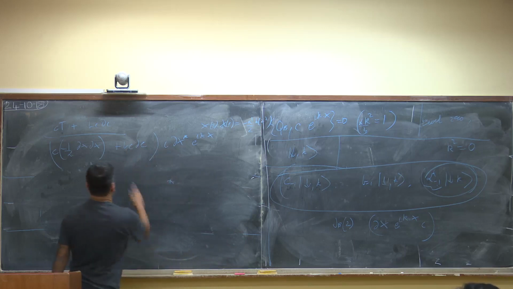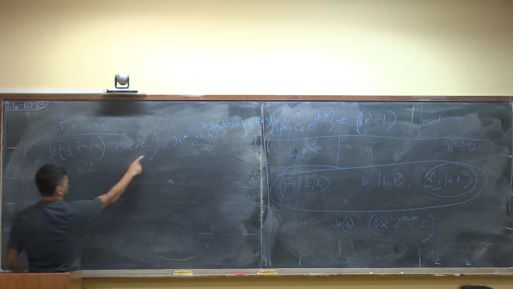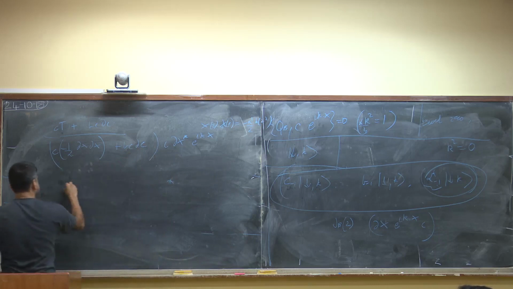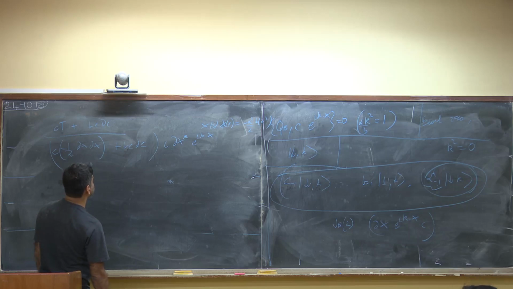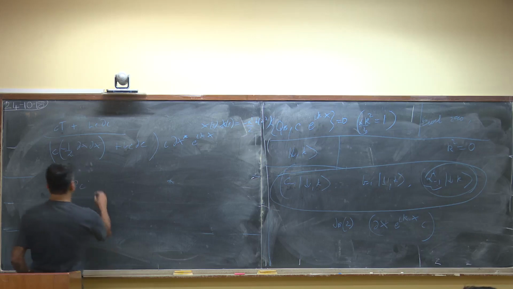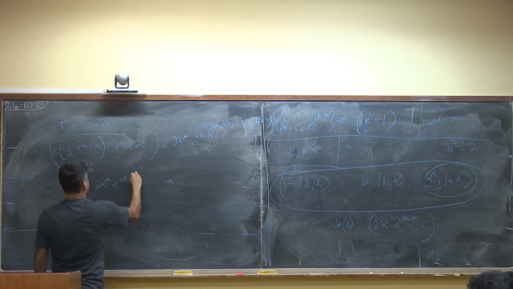That's very easy. The B goes through and produces a 1 by z. And so we get C del C del x mu e to the i k dot x.